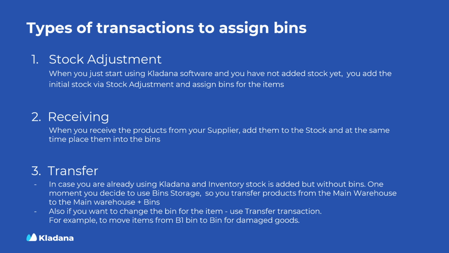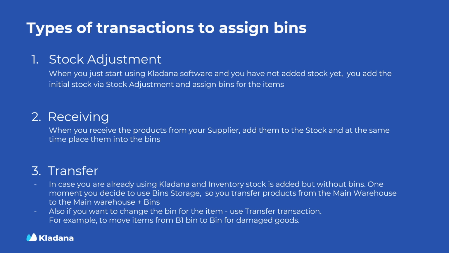When you just start using Kladana software and you have not added stock yet, you add the initial stock via stock adjustment and at the same time define the storage bin for the items. Receiving. When you receive the product from a supplier, add them to the stock and at the same time place them into the bins. Transfer.